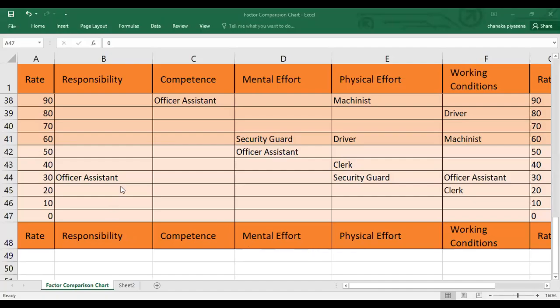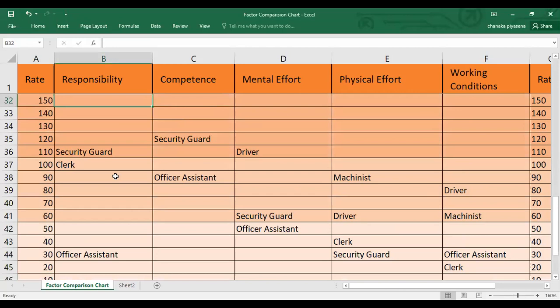As for the responsibility, the lowest value is office assistant. It is in here. Then the next value is 96. It is clerk. Then 108 is security guard. The fourth one is 210, that is driver.